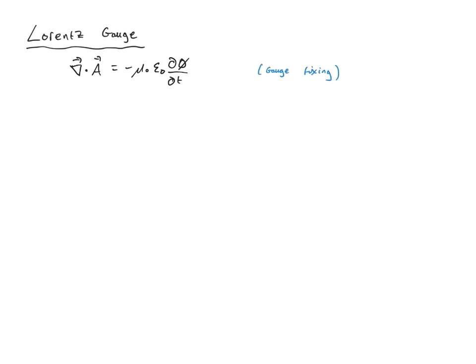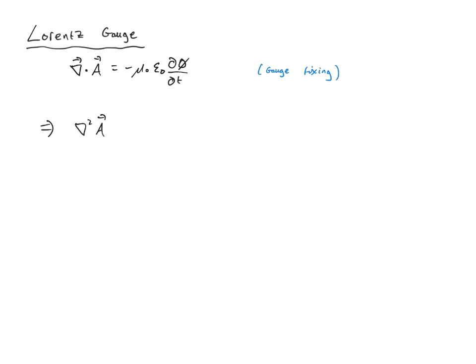What are the consequences of this choice for Maxwell's equations? Well, when we plug in the definition of the potentials into Maxwell's equations, and we use the Lorentz gauge, we find a very pleasing symmetry between the equations controlling the vector potential and the scalar potential in terms of the currents and the charges, and they look like this.